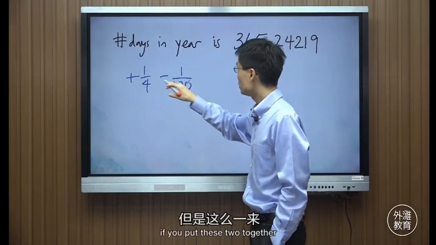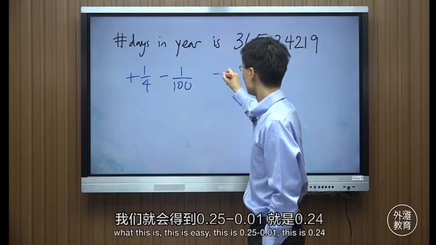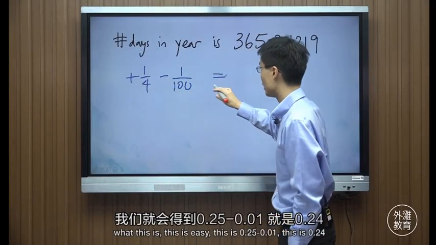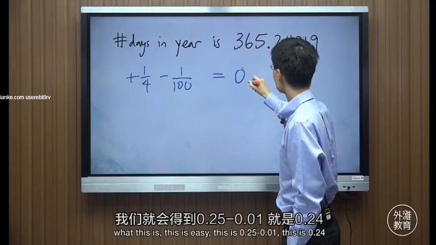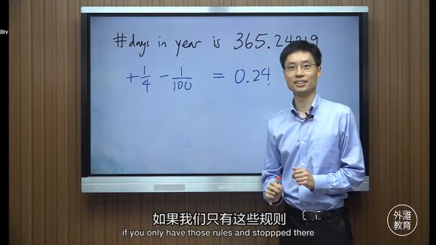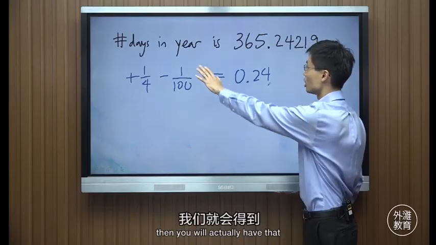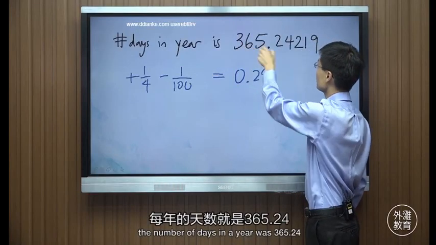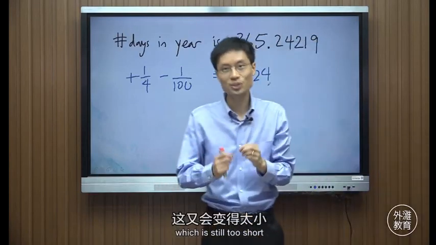If you put these two together, this is easy because this is 0.25 minus 0.01. This is 0.24. If you only had those rules and stopped there, then you would actually have that the number of days in a year was 365.24, which is still too short.